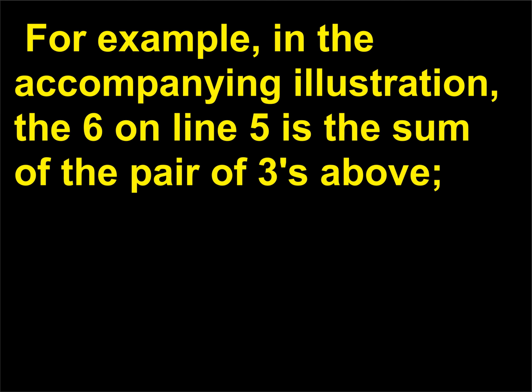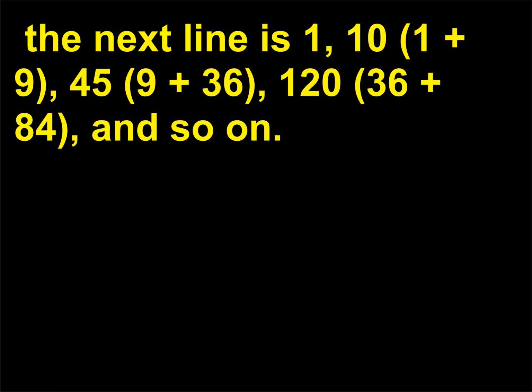For example, in the accompanying illustration, the 6 on line 5 is the sum of the pair of 3's above. The next line is 1, 10, 1 plus 9, 45, 9 plus 36, 120, 36 plus 84, and so on.